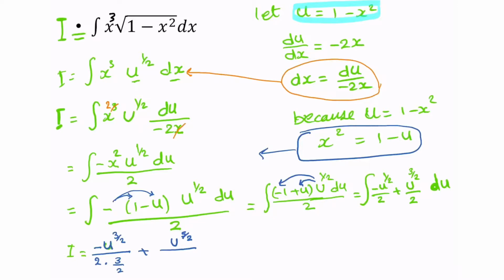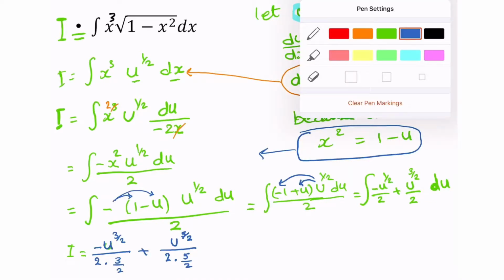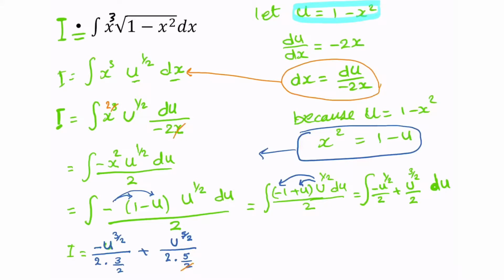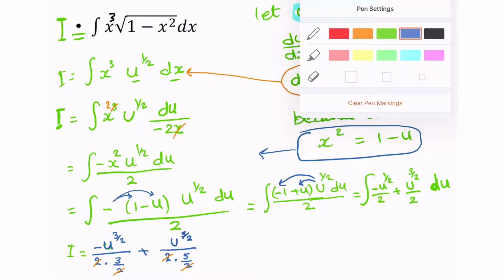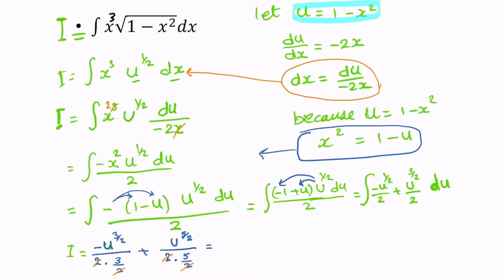But anyway, yeah, so u to the power 5 over 2 divided by 5 over 2, and that's, as I said, it's already multiplied by 2. So now I will cancel these 2's. So we'll end up with equals, and that should be plus c basically, yeah, plus c.